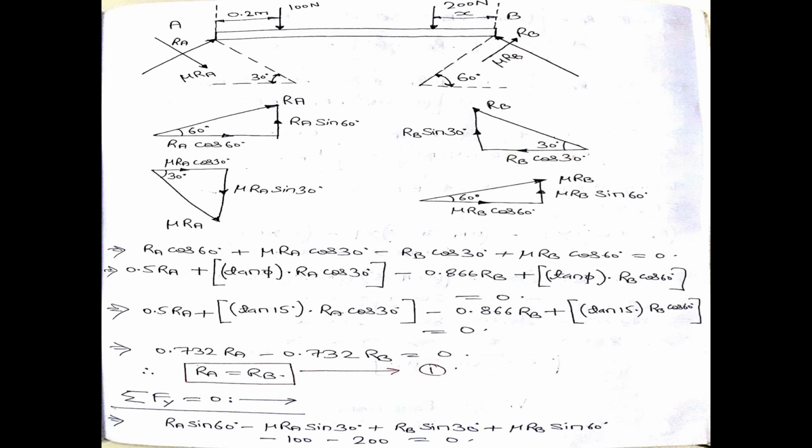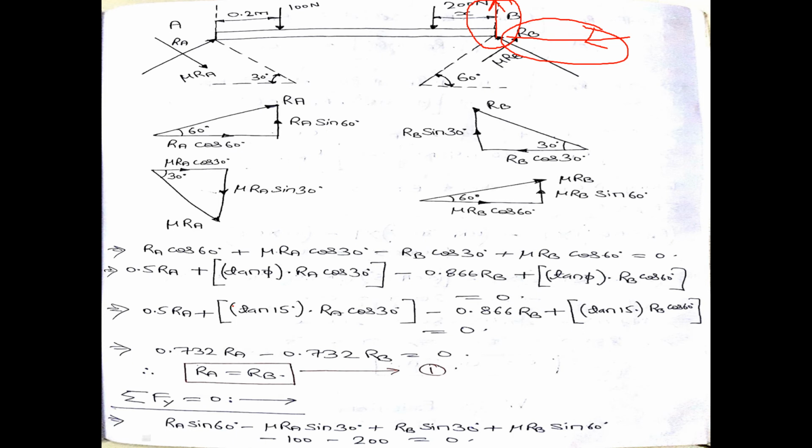If I talk about RB, I have one component, that is RB cos 30. This component I will not consider in my moment. I have one more component, RB sin 30, in this direction. The moment of this force also I won't consider, because there is no perpendicular distance from point B.